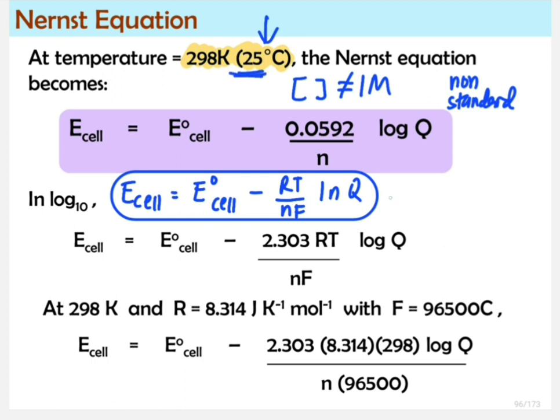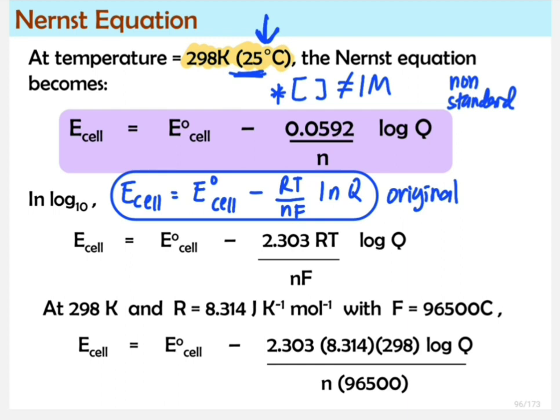Jadi kalau kita tengok original Nernst equation, kita boleh derive satu formula yang baru kalau temperature masih 25 degree Celsius. Because actually it's quite rare kita ubah temperature. Yang biasa kita ubah adalah concentration. Okay, biasanya. Jadi kalau temperature masih 25 degree Celsius, kita boleh dapat satu formula yang baru.